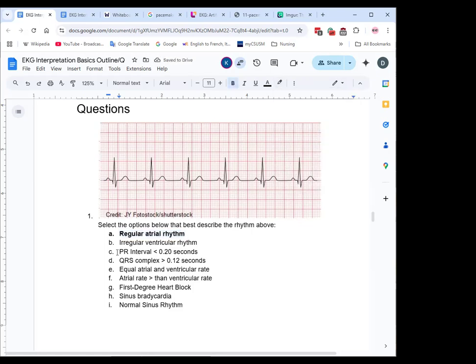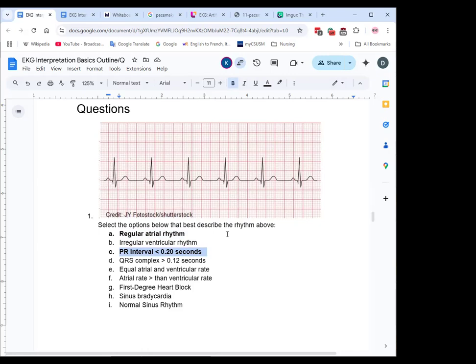We can say that the PR interval is within normal limits. We can take a look at the QRS. That QRS is definitely less than 3 small squares. You can see it's barely above 1. It's not a wide one, so it's definitely not D. Equal atrial and ventricular rate, and there's always a P before each QRS.